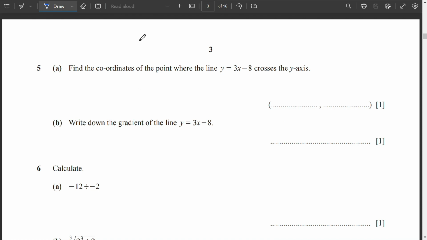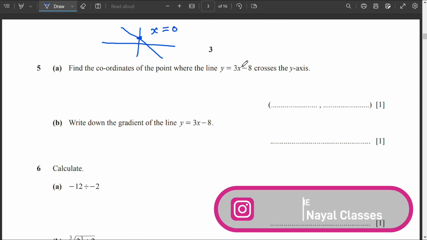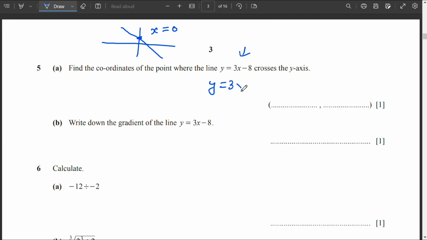See again, if these are the coordinates, and this is the line. So over here you see when it crosses the y-axis, what is x over here? On the y-axis, x is actually 0. So you just substitute x = 0 over here. If you substitute x = 0, what do you get? y = 3 into 0, which is 0, minus 8.